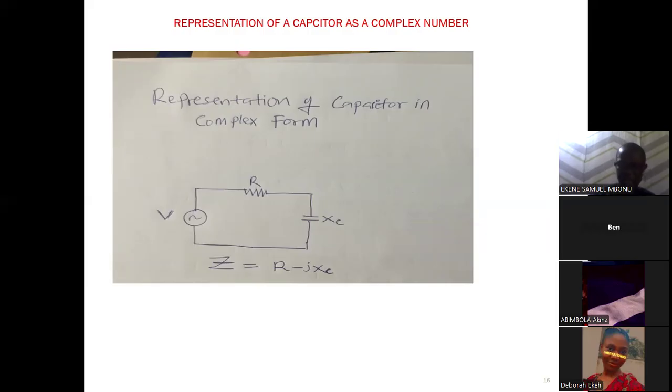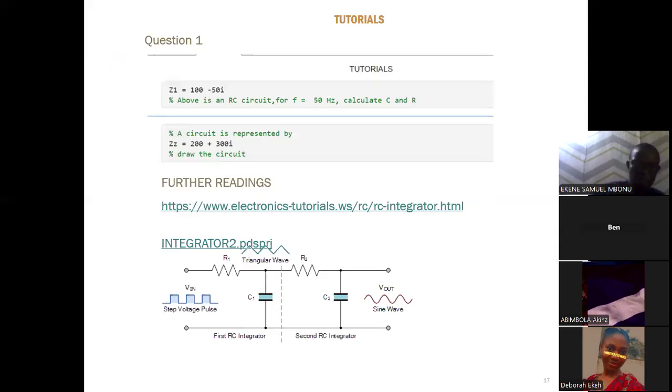Now we're at the tutorial. Above is an RC circuit. Can somebody read what is on the screen? Let me be sure I've not been talking to myself. Somebody read what is on the screen.